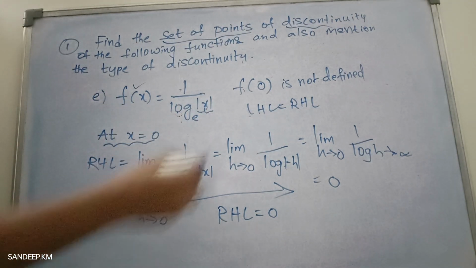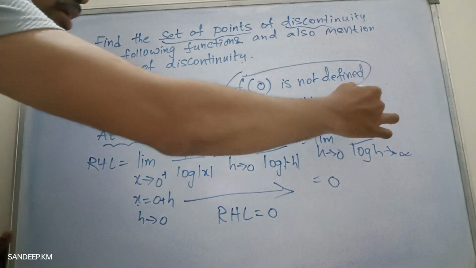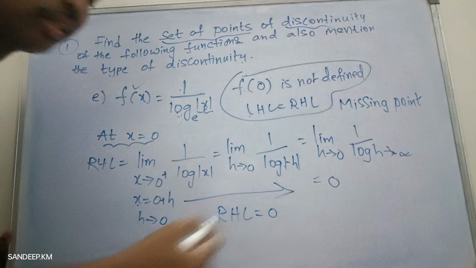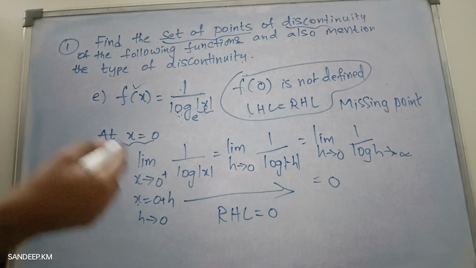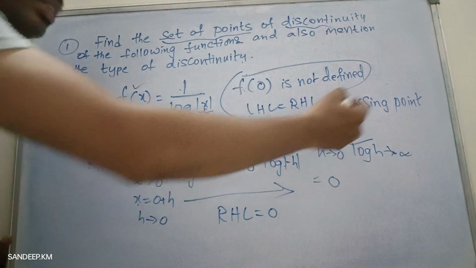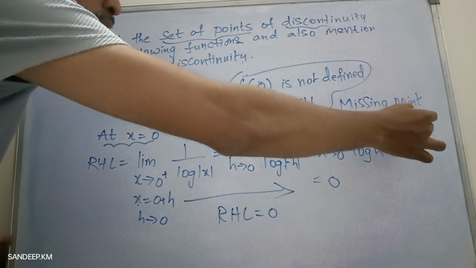The left hand limit is 0 and the right hand limit is also 0. Therefore, this is a missing point discontinuity. If you do not know these types of discontinuities, check the video on types of discontinuities in the continuity playlist.